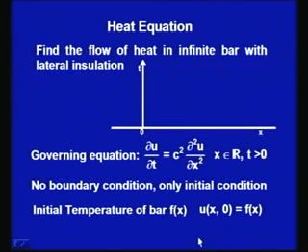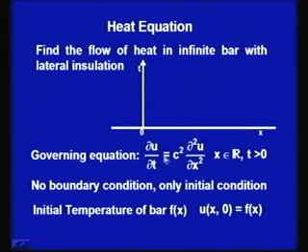Now, if you remember, we have done this heat equation, del u over del t is equal to c square del 2 u over del x 2, for x belonging to the interval 0 to L, and t greater than 0. There we had the boundary conditions at 0 as well as at L, that is u(0, t) is 0 and u(L, t) is 0 for all t.